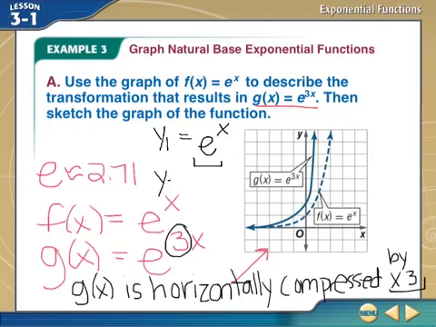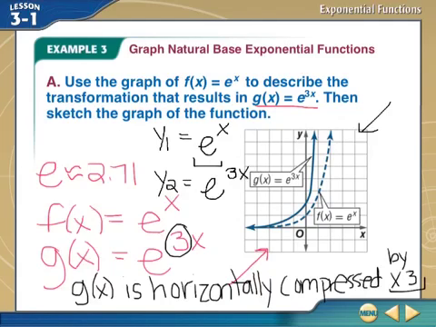I'm going to do the same thing for y2, except this time I'm going to say e raised to the 3x. And if I graph them on the same coordinate plane under a standard window, you will see a graph similar to what we have pictured here. Now, you can change your graph on your graphing calculator to make one line thicker than the other.